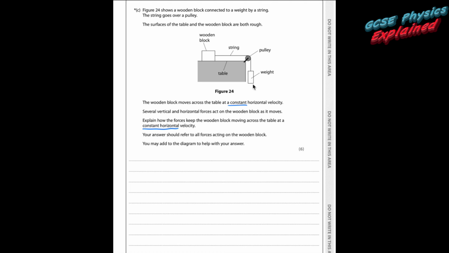Right, that weight is basically pulling down, which is going to create a tension pulling that way. So tension, which is a horizontal force. Now if it's moving at a constant velocity, you're going to get friction down here, opposing motion. And the friction must be the same size as the tension.